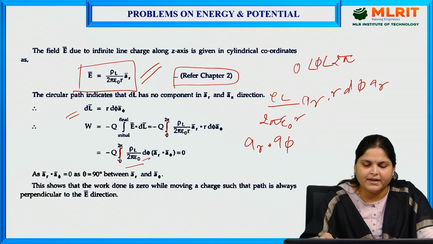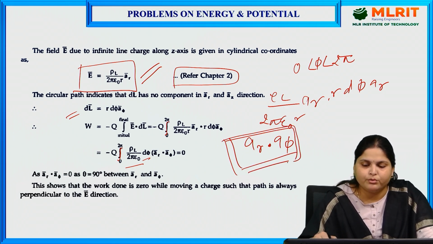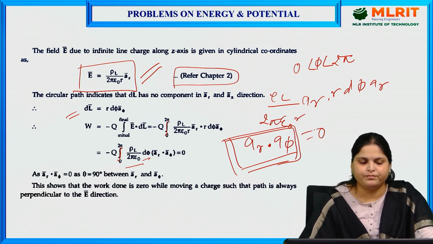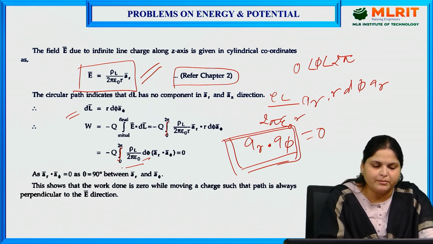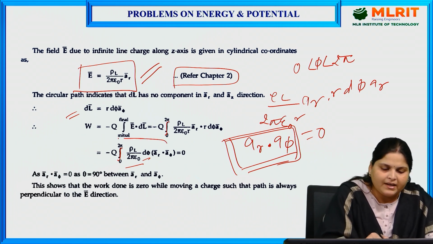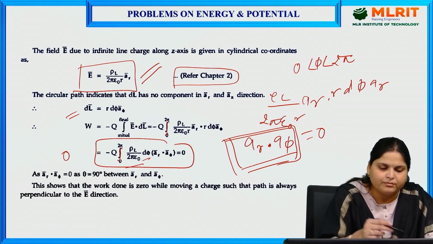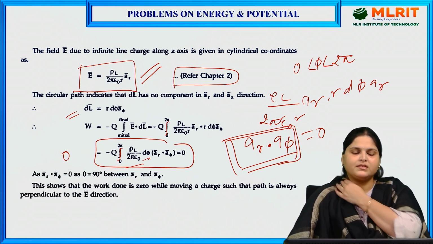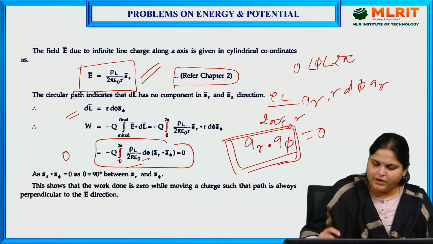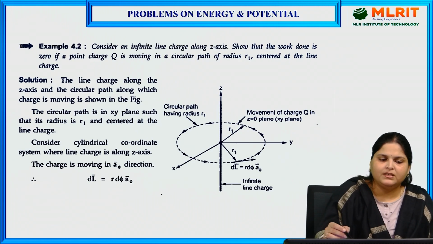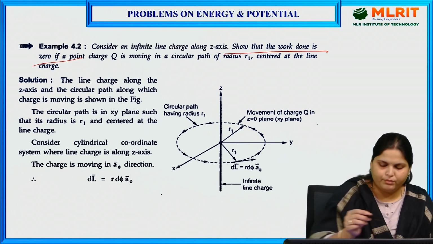We have studied in vectors that when we have two perpendicular vectors, their dot product will be equal to 0, because the angle between them is 90 degrees, right? So this entire term becomes 0, because it is being multiplied by 0. That is what we had to prove, that the work done is 0.